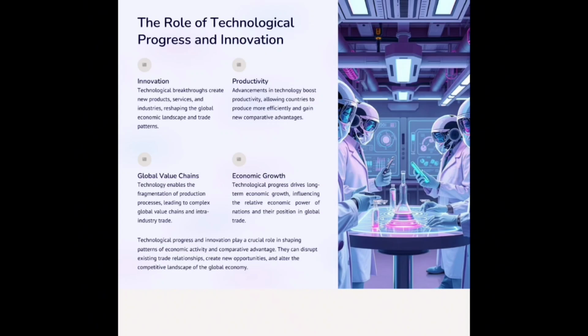Technological progress and innovation play a crucial role in shaping patterns of economic activity and comparative advantage. They can disrupt existing trade relationships, create new opportunities, and alter the competitive landscape of the global economy.